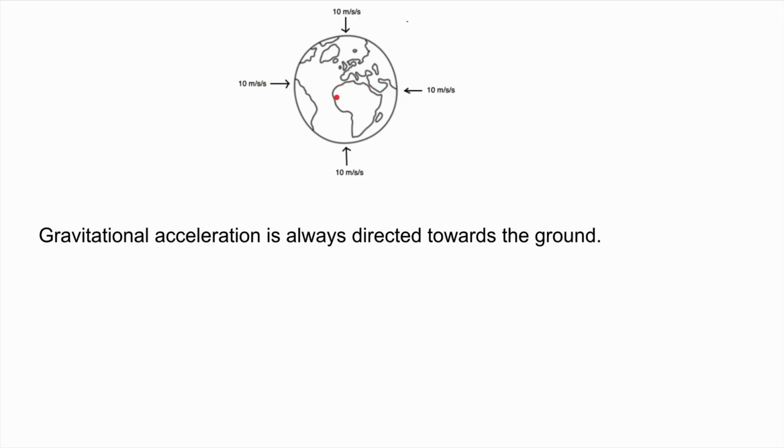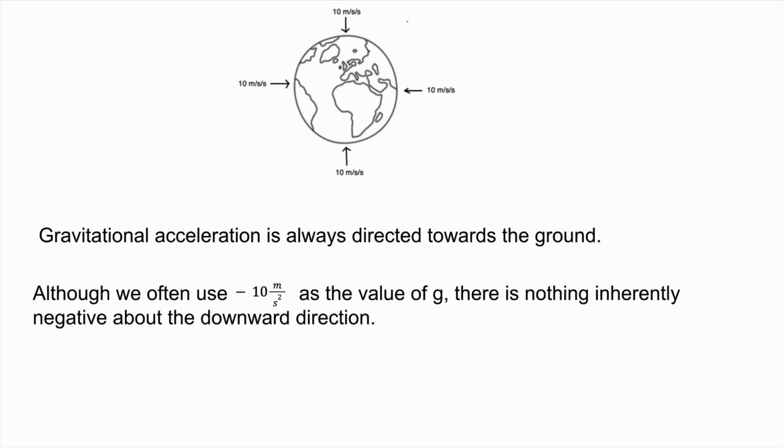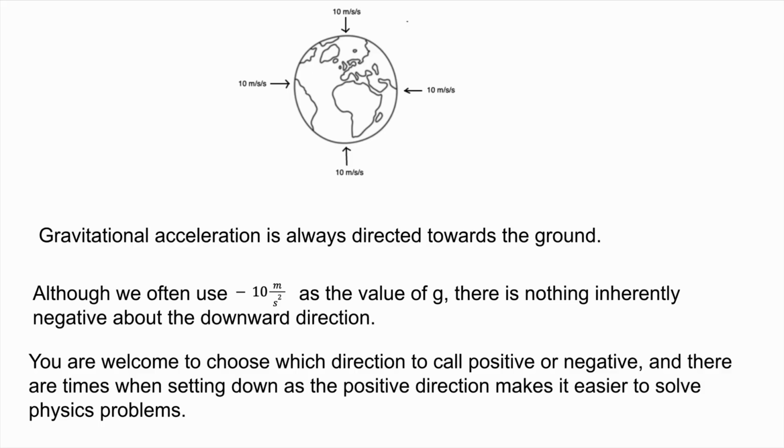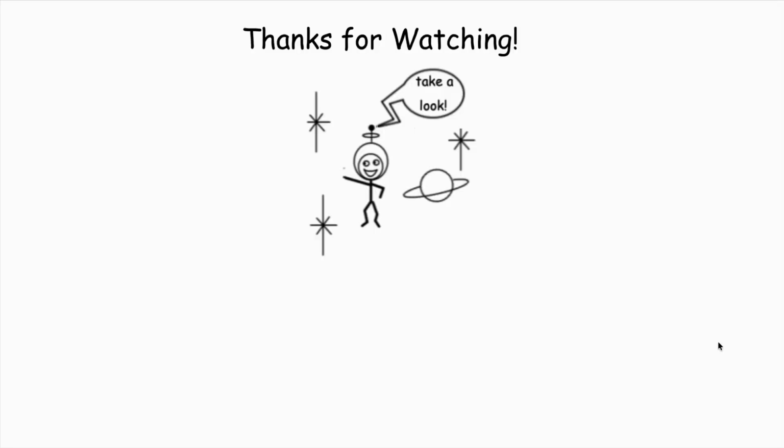These two accelerate in opposite directions. So why does it have to be negative? And the answer is it doesn't. It's just often a little bit more convenient, especially if the thing goes up and comes back down. But the thing is, there's nothing inherently negative about the direction that gravity pulls things. And so you are welcome to, and in fact encouraged to.